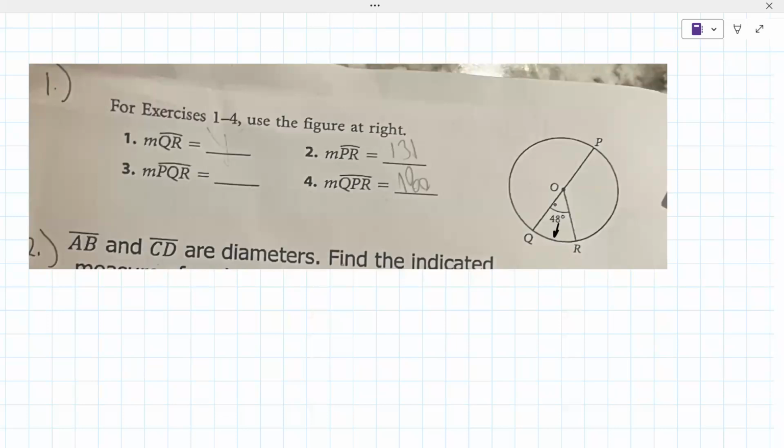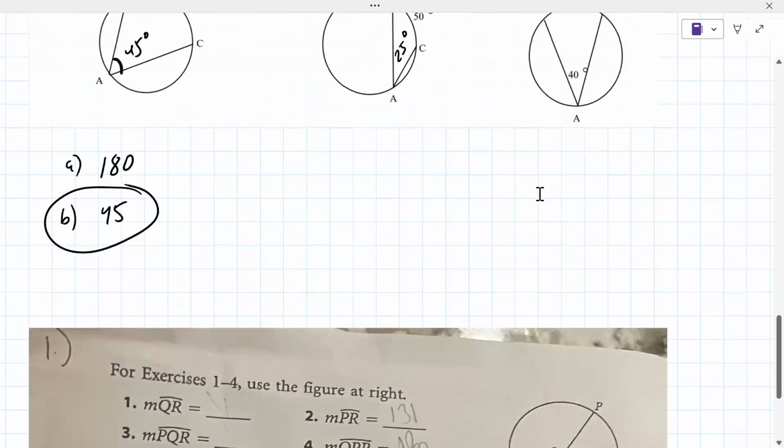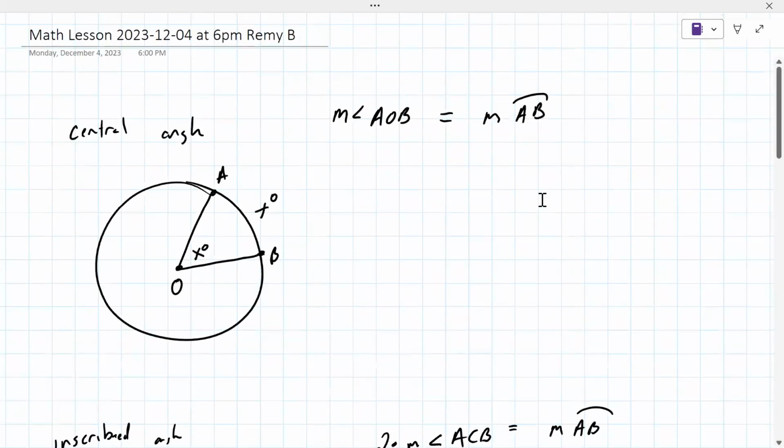The central angles were the first ones we did today. Yeah, I wrote it down, but I don't think I wrote down the times, like how much this should be multiplied by. What does this mean here? Oh, sorry. AOB is equivalent to AB. So what is AOB in this picture? The central angle. And what is AB?